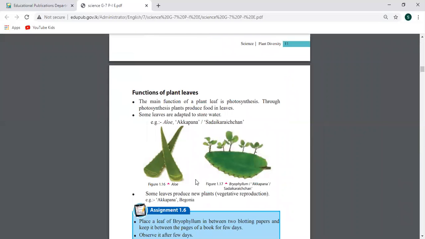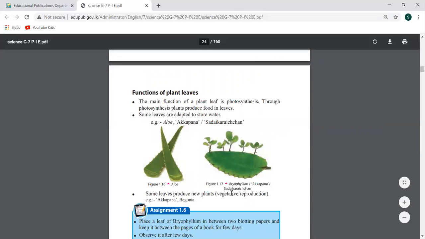Like aloe vera, it stores water inside the plant. And this one, the English word for it is biofilm.